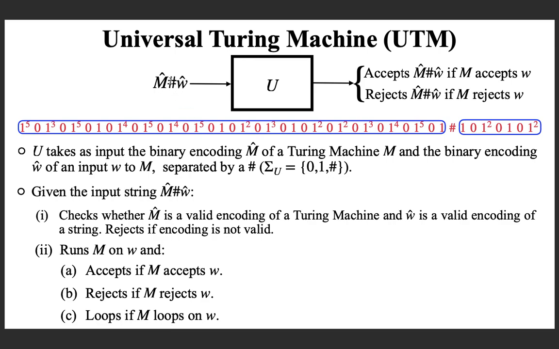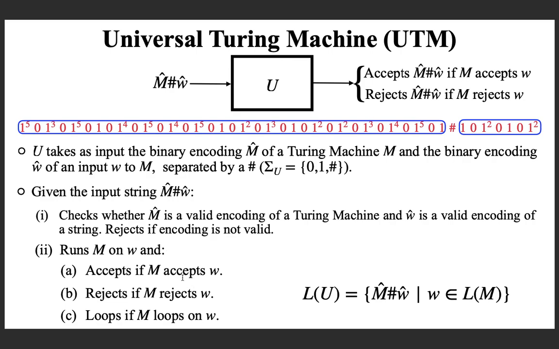Accepts its input if M accepts W, rejects the input if M rejects W, and loops on this input if M loops on W.